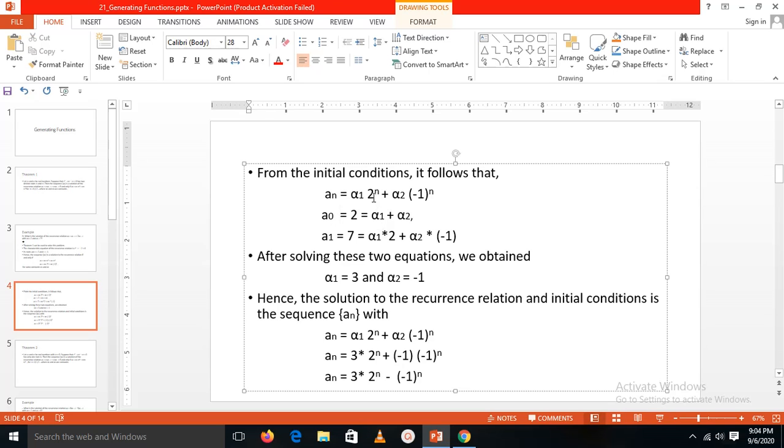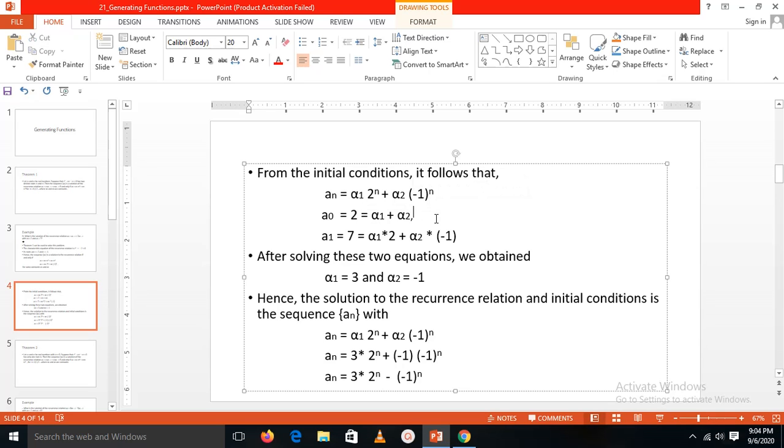Then 2 raised to 0 means 1, so we get alpha 1 plus alpha 2 times minus 1 raised to 0. Remember, minus 1 raised to 0 is always plus 1, not minus 1. That's why we obtain the equation alpha 1 plus alpha 2.